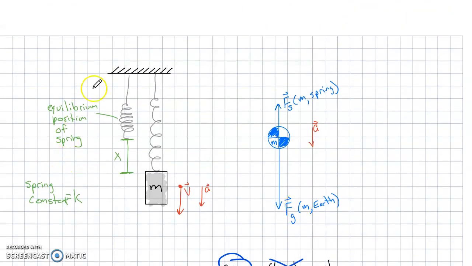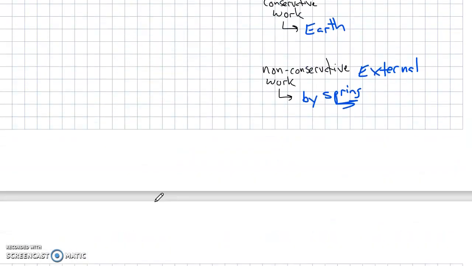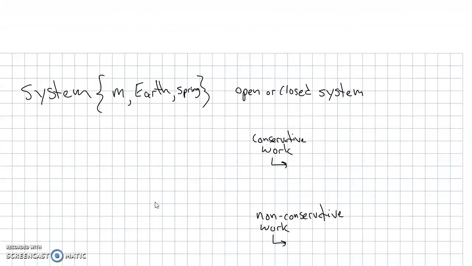Now, let's consider the same situation and let's redefine our system a third way. By defining our system as the mass, the Earth, and the spring all together, let's once again go back and ask ourselves, are we dealing with an open or a closed system?